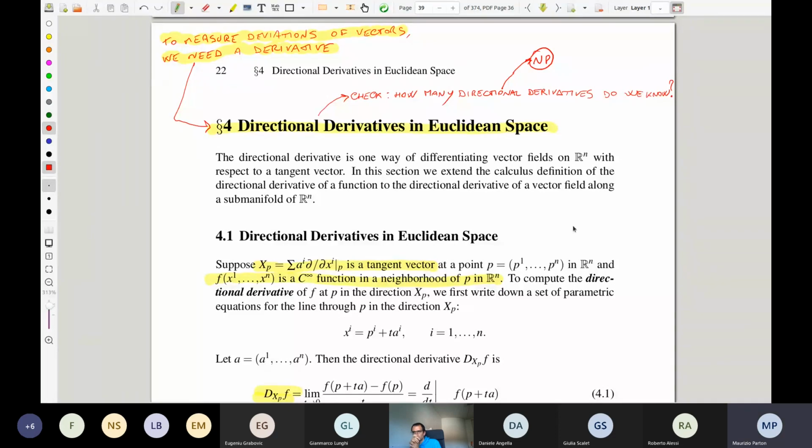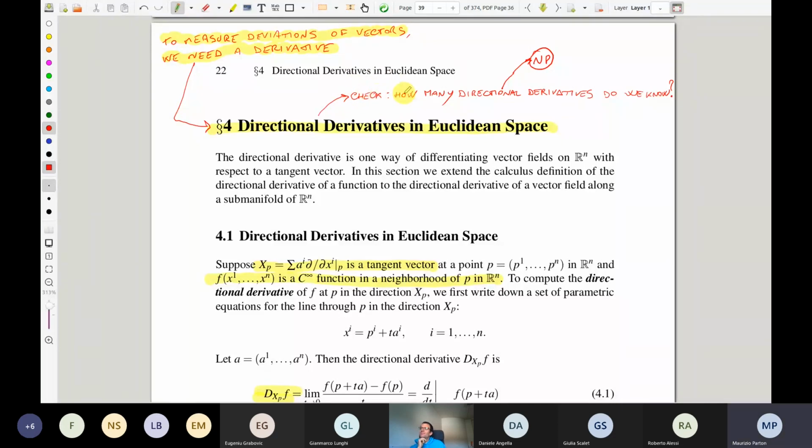In order to measure how much this normal vector is changing, we need a derivative. And this is why this section is how to take directional derivatives in Euclidean space. Of course, we have already seen it in the first part of the course. And just as a check, as usual, I'm going to ask you a question. So Roberto, be prepared.